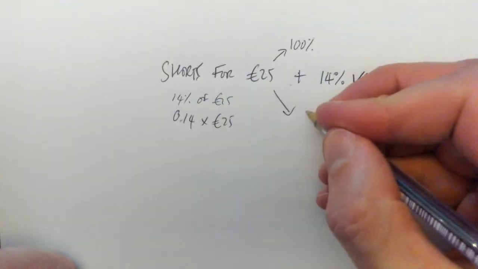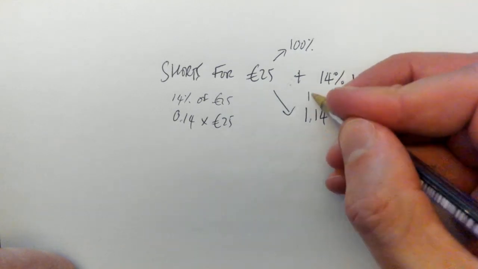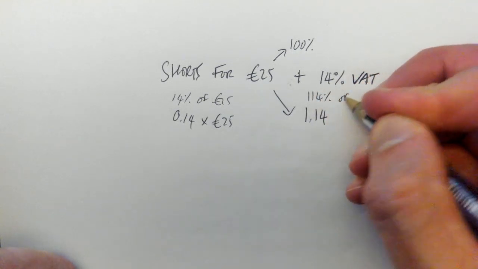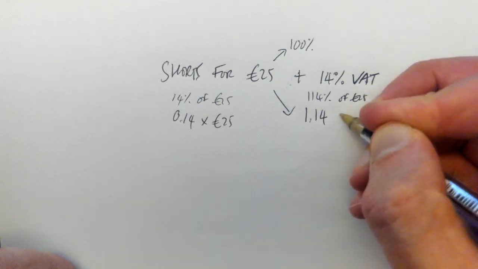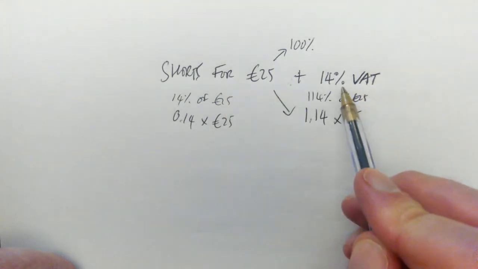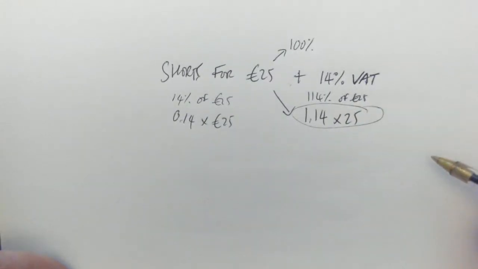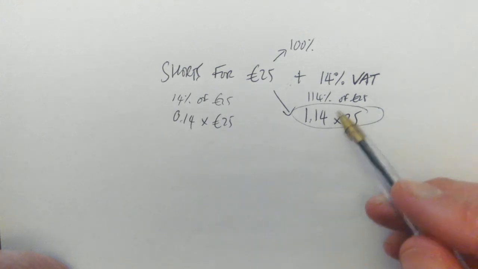So we can do in one calculation 1.14, we can do 114% of 25. Okay, so if we've got a value, we're adding VAT, we add it onto the percentage, and that's it. So same thing as increasing and decreasing.